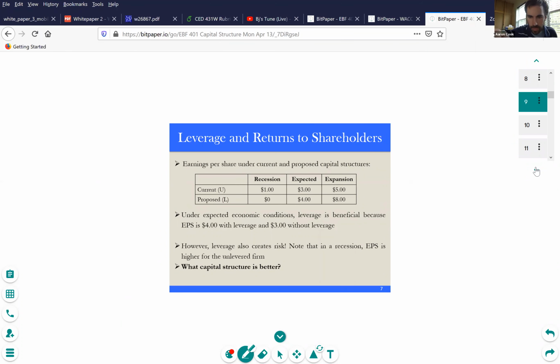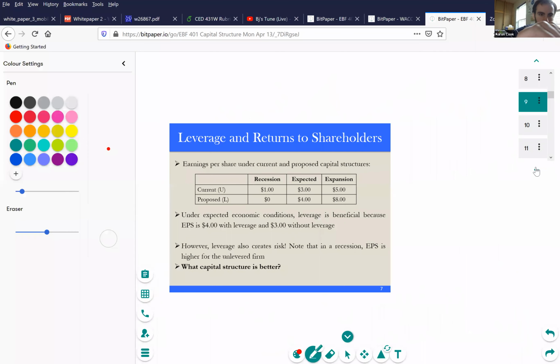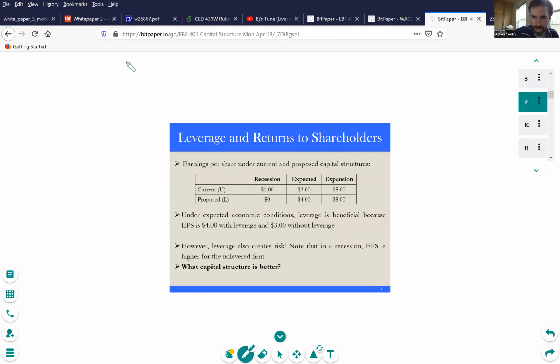So this is a table that just represents exactly what was in that diagram. We have a narrow band of possibilities under an unleveraged case.